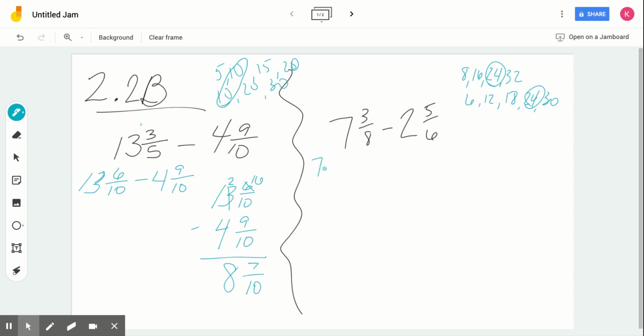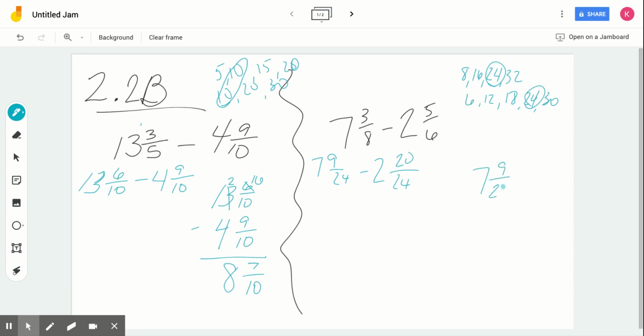So when we rewrite this, 8 times 3 is 24, so 3 times 3 is 9. 6 times 4 makes 24, so 5 times 4 is 20. Now again, we can't take 20 24ths away from 9 24ths.